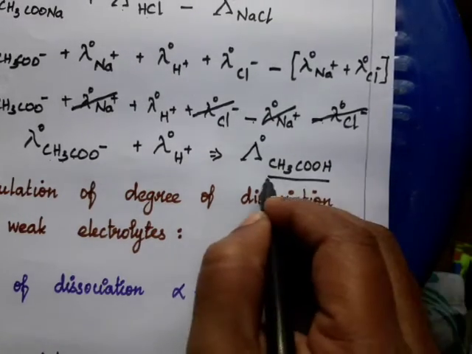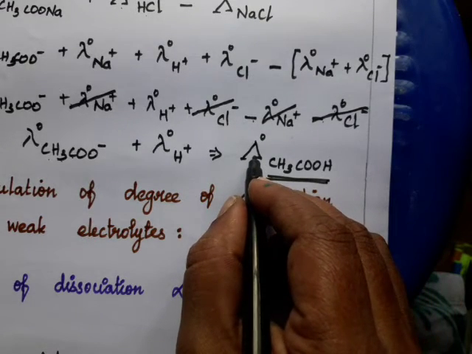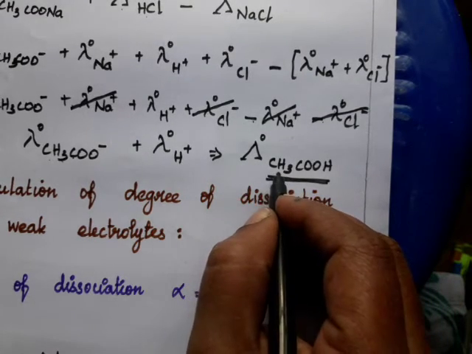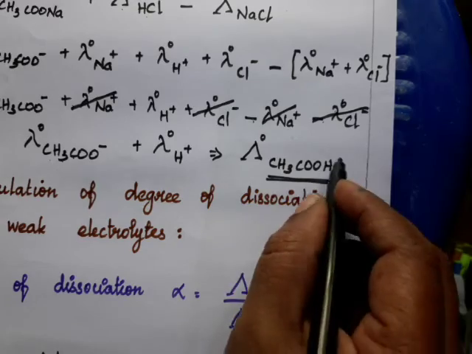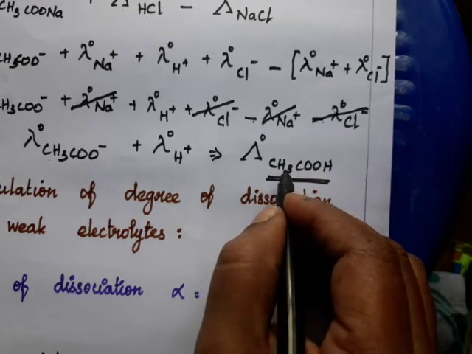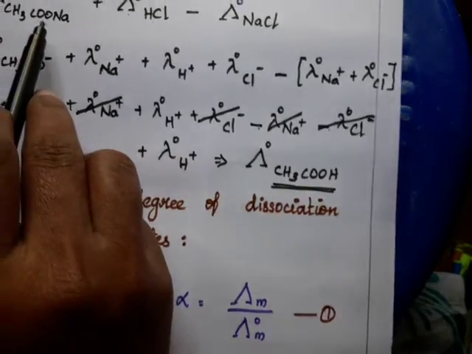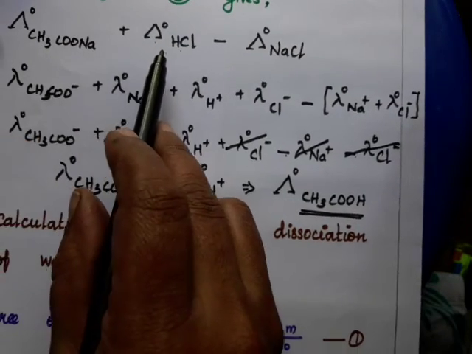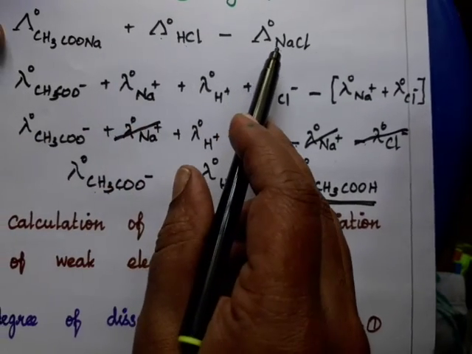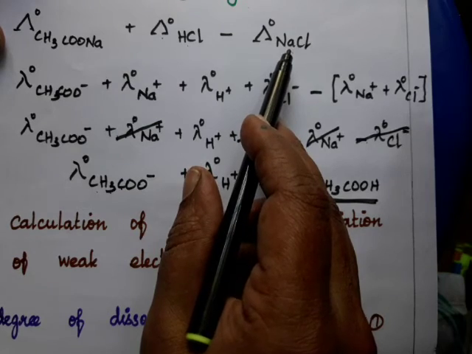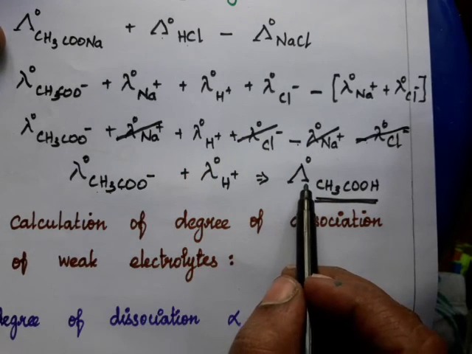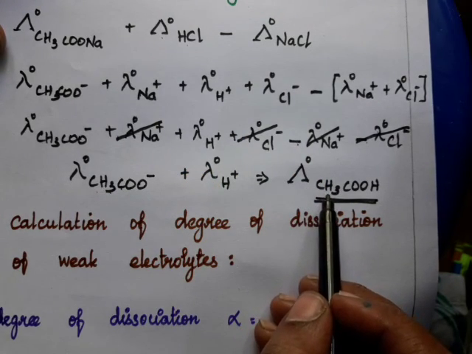So we got the limiting molar conductance of acetic acid, which is a weak electrolyte. By using the strong electrolytes sodium acetate, hydrochloric acid and NaCl, we have calculated the limiting molar conductance of the weak acid.